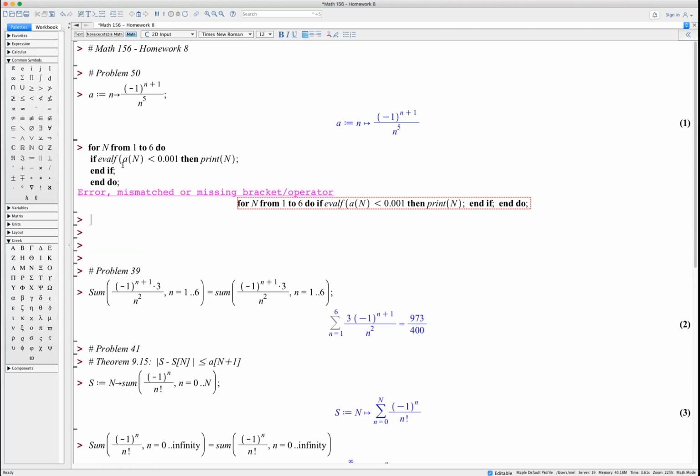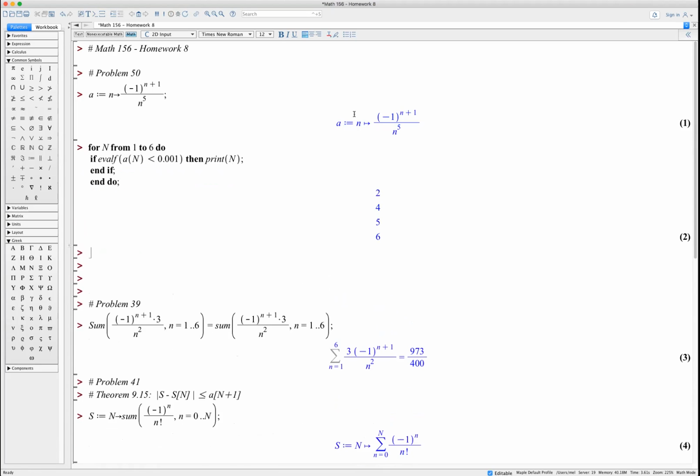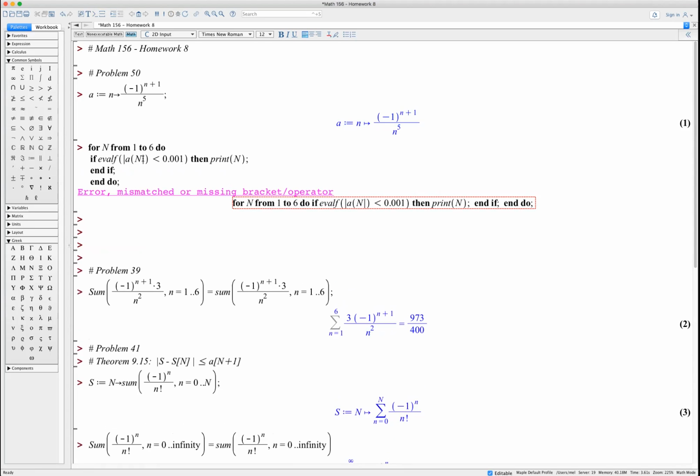I need a parenthesis there. Aha, that's weird. So I should have said absolute value of a of n.